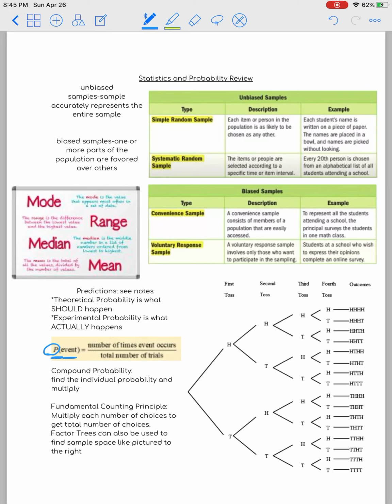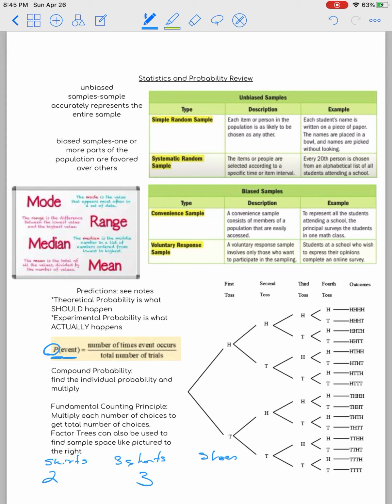Compound probability, you got to find the individual probability of each event and then multiply. Fundamental counting principle. Remember that the fundamental counting principle, you multiply each number of choices to get the total. If I have 2 shirts, 3 shorts, I'll put the 3 here.